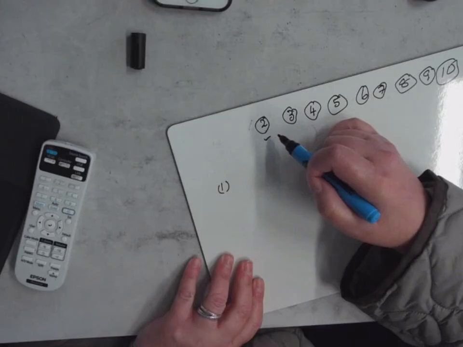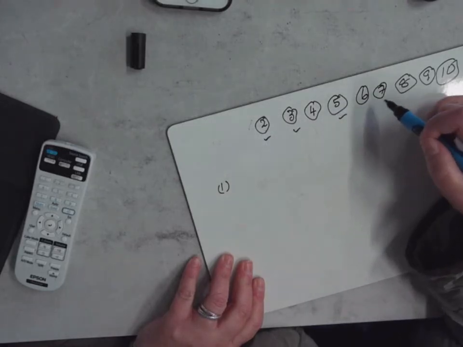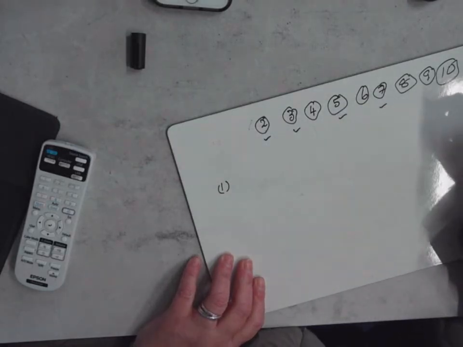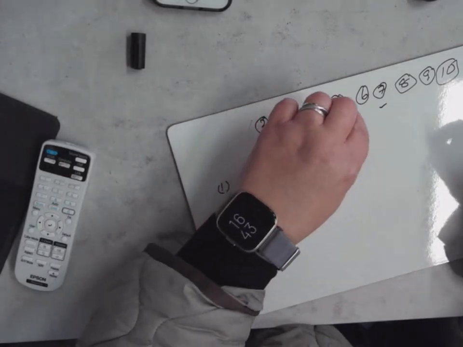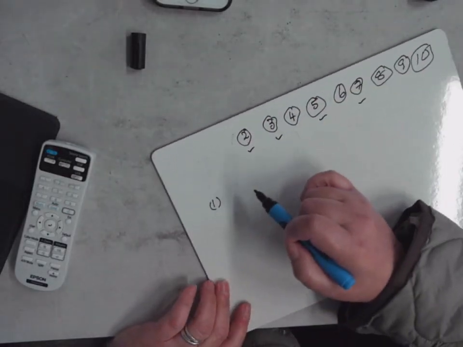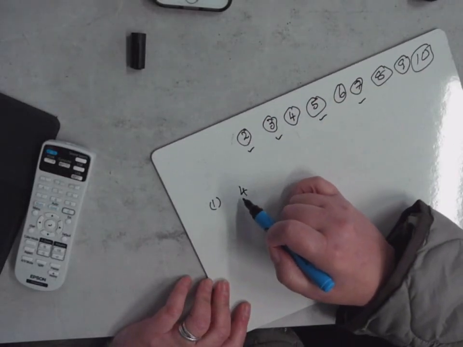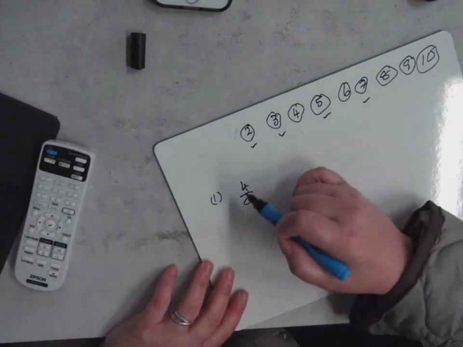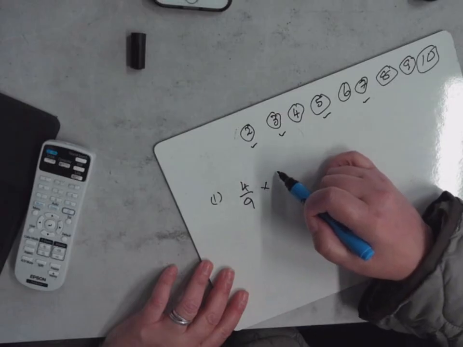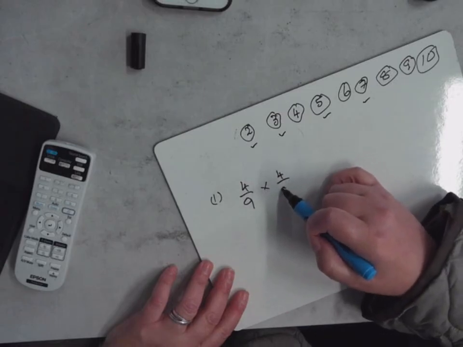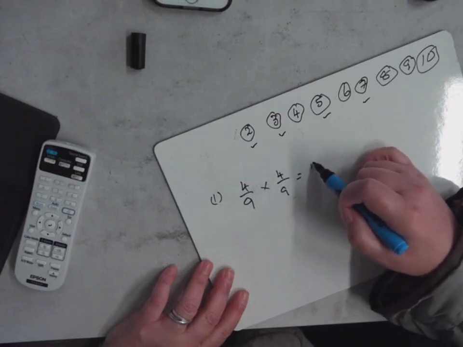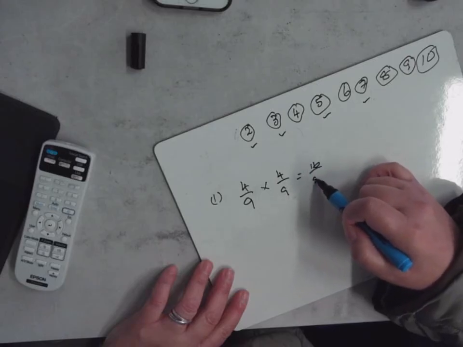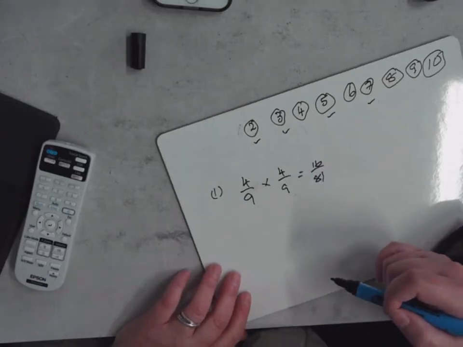How many primes? 2, 3, 5, 7, 4 primes out of 3, 6, 9. 4 out of 9. And so then you put it back. So everything's back in place. And you want to pick a prime again. So 4 out of 9 again. So 16 out of 81. That's just regular probability, nothing new there.